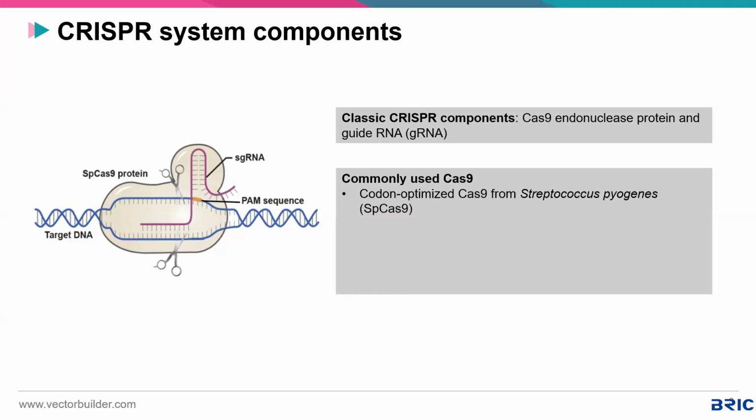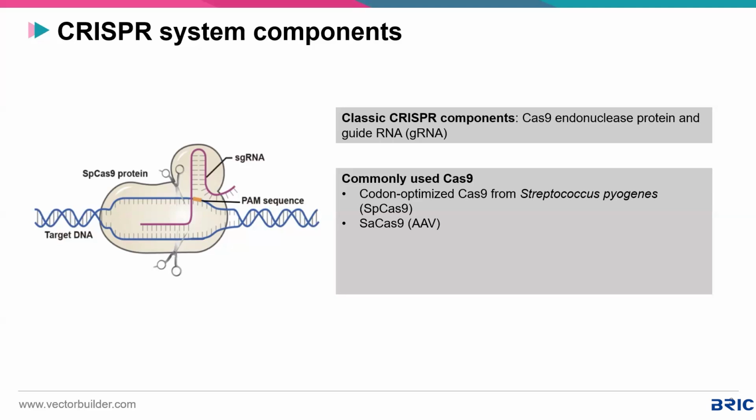One of them is codon-optimized Cas9 from Streptococcus pyogenes. This is one of the most commonly used Cas9 proteins. It is modified to be used in different species like hCas9 in humans, zCas9 in zebrafish, and so forth and so on. Another Cas9, which is used in a specific delivery system, adeno-associated virus, AAV, is SaCas9.